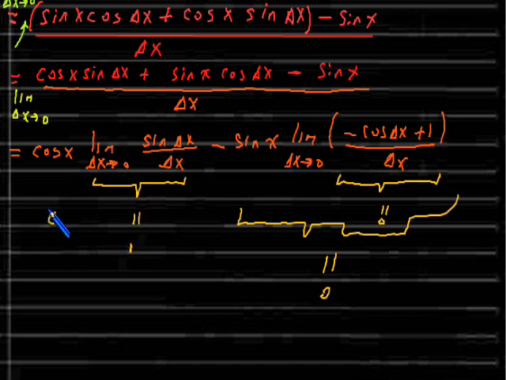So really, this whole thing translates into what we wanted, namely that sine of x prime is equal to cosine of x.